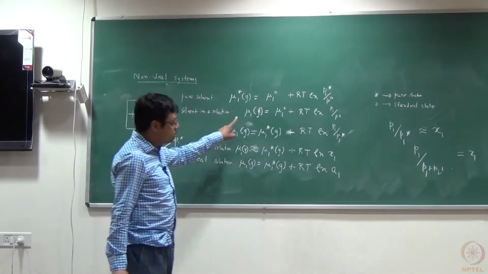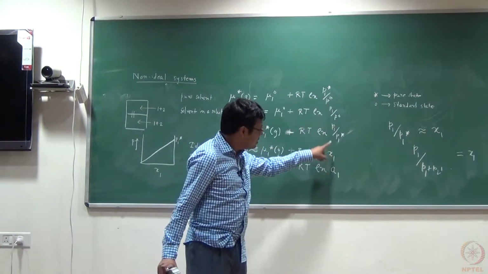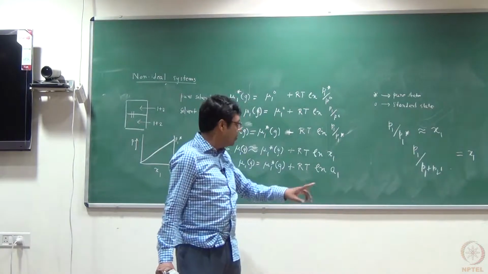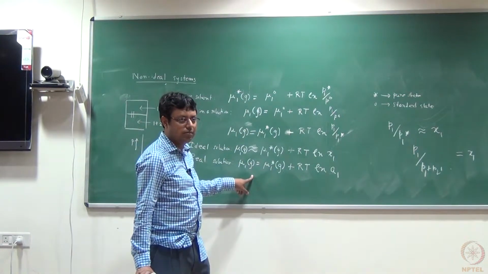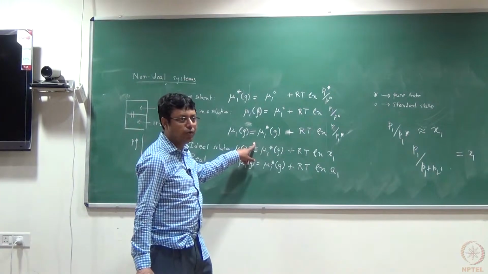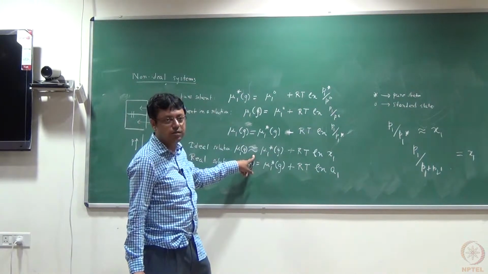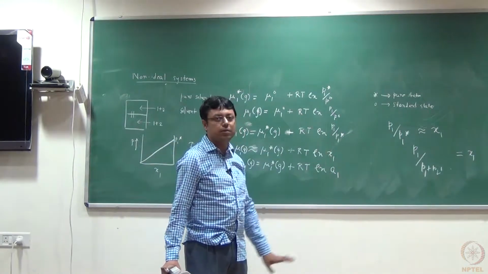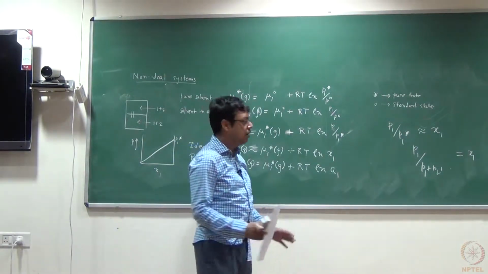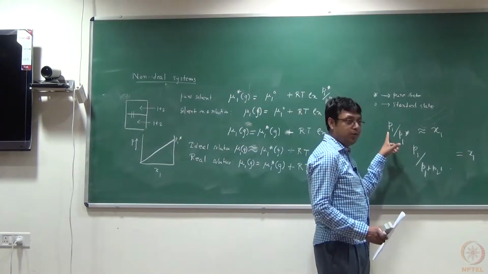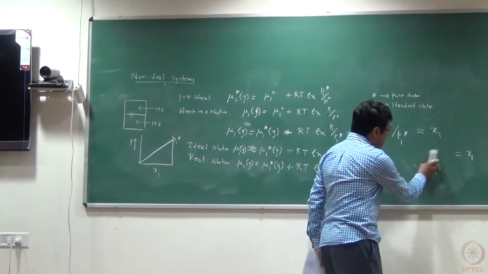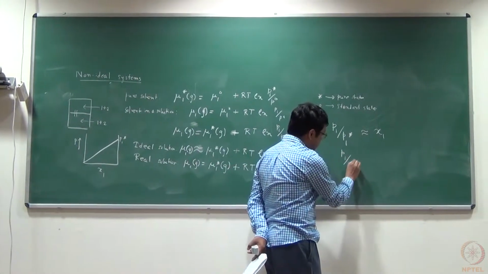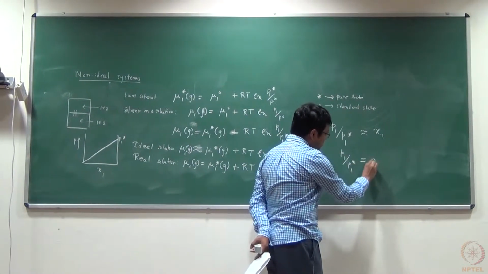Why? Because replacing this quantity by x1 was wrong. Now, this is a correct equation, and this is an approximate equation. That's why I'm using this notation. So a1 is equal to P1 by P1 star. X1 is approximately equal to P1 by P1 star, but a1 is actually equal to P1 by P1 star.